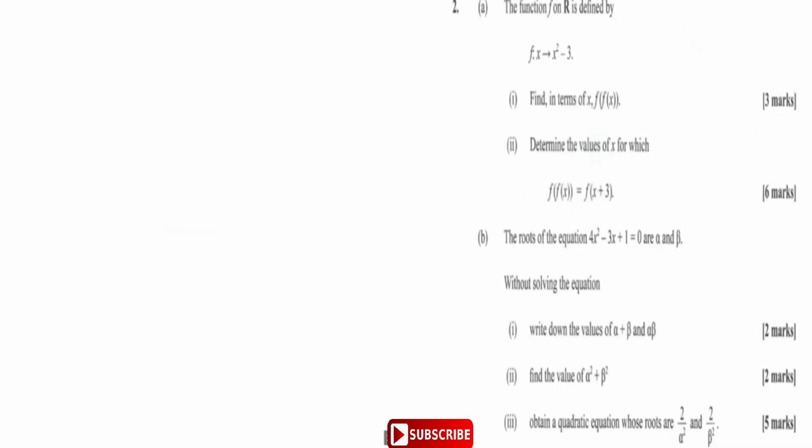Question 2 says the function f on real numbers is defined by f of x is x squared minus 3. So let us write that down. It tells us that f of x is x squared minus 3.